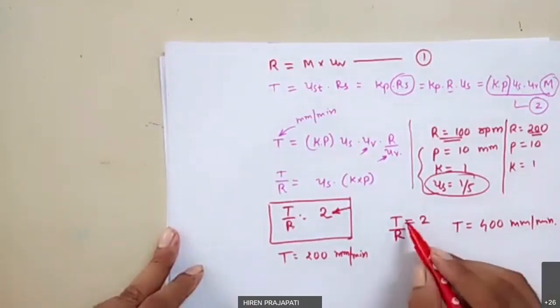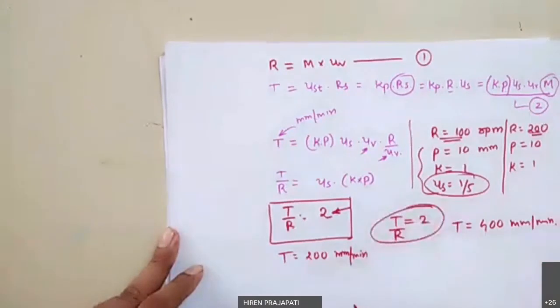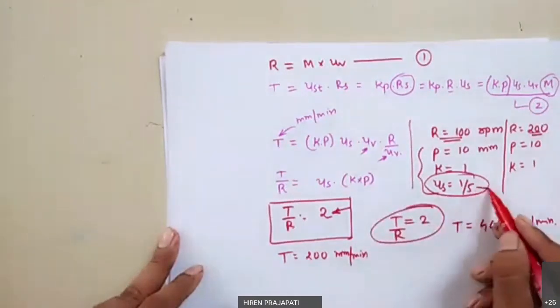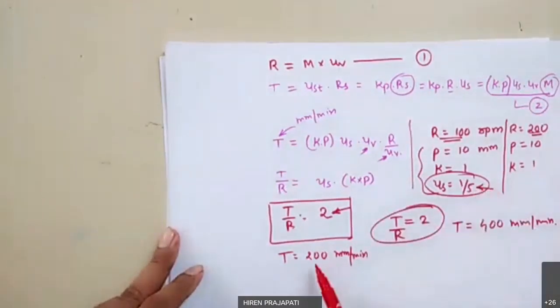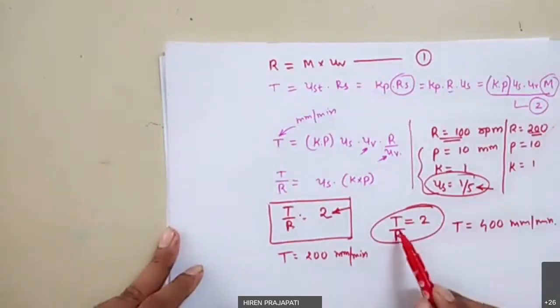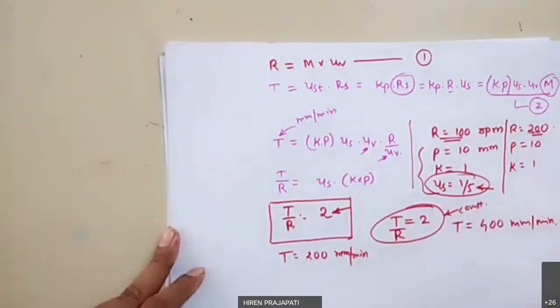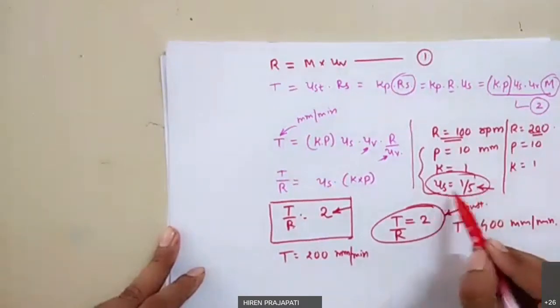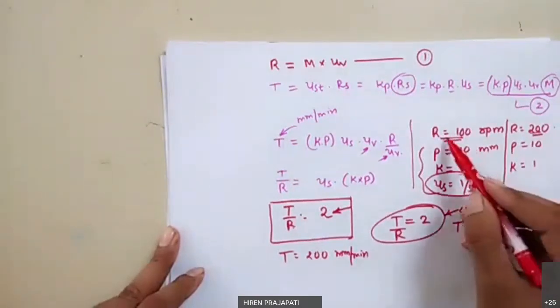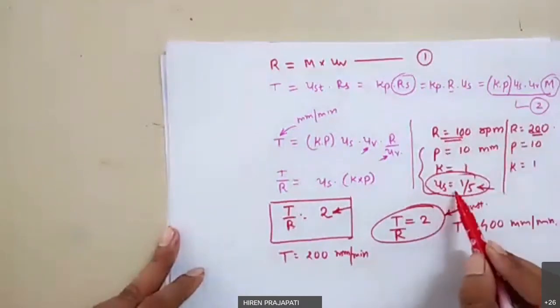But your T by R remains constant. You need not change this US. If you keep on changing your speed, suppose if you go for 300, then again you get T by R equal to 2. That remains constant. You need not change the value of US frequently. Whenever you change the value of R, you need not change the value of US.